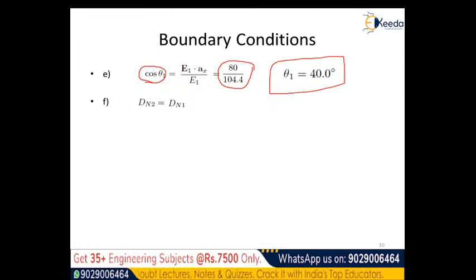Have we been provided the value of Dn1 in the problem statement? We have not been provided, but we have been provided the value of the normal component of electric field intensity. If you multiply the electric field intensity component by the permittivity of the medium, that means epsilon multiplied by En, that will be the electric flux density.